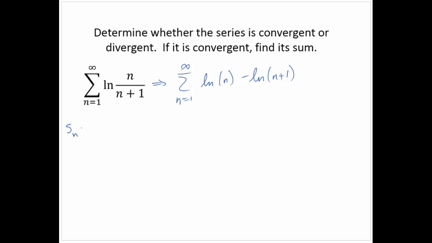So the nth partial sum would be a sub 1 plus a sub 2 plus a sub 3 plus up to a sub n minus 1 plus a sub n. a sub 1 would be natural log of 1 minus natural log of 2, plus a sub 2, which would be natural log of 2 minus natural log of 3.